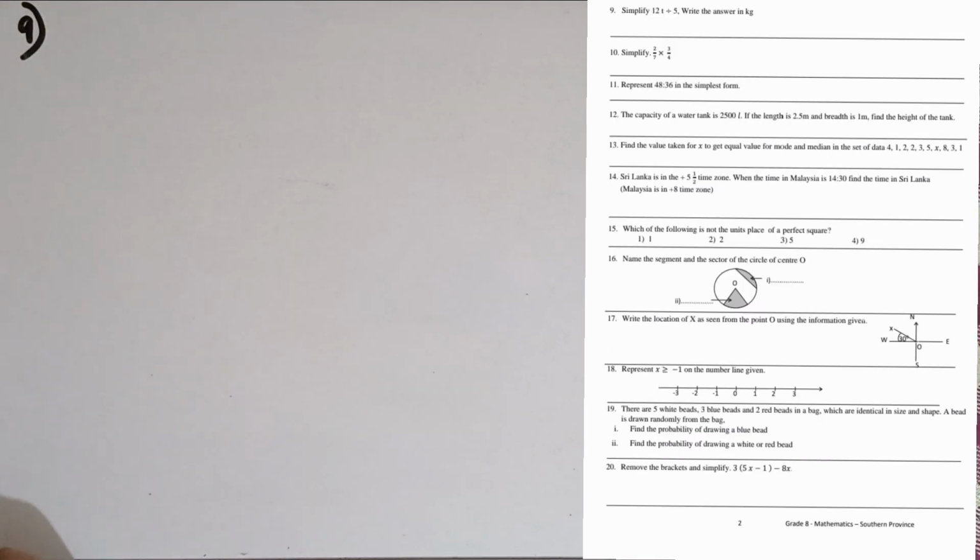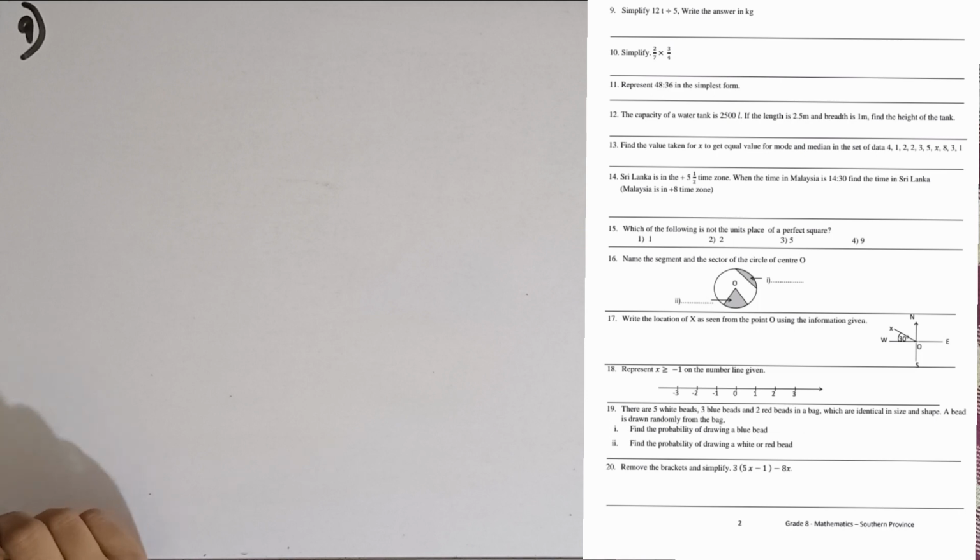Question number 9. Simplify 12 tons divided by 5. Write the answer in kilograms. 1 ton is equal to 1000 kilograms.